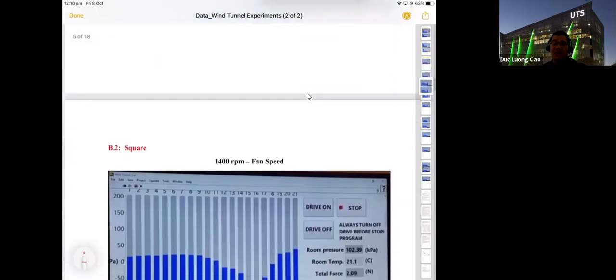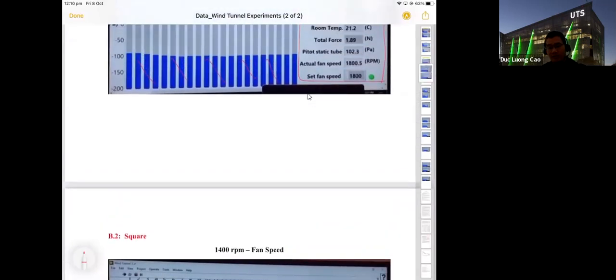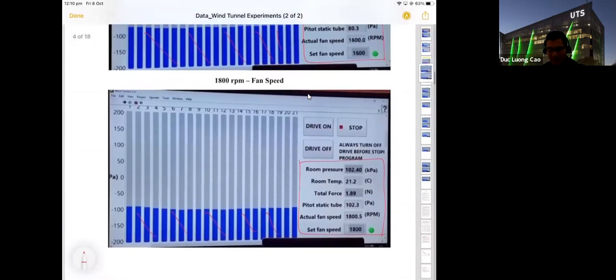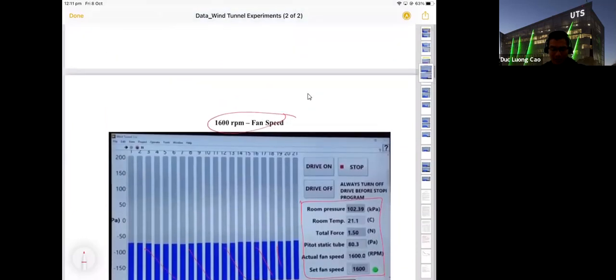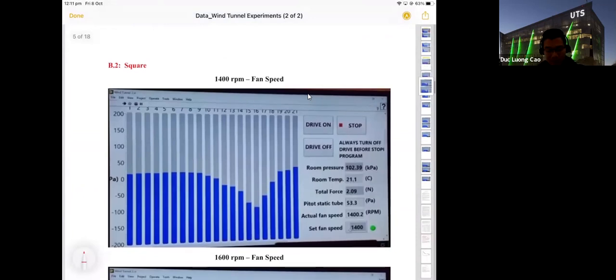Because the wind tunnel is old, and if it runs at too high a fan speed, it's unsafe. So that's why we only collected data at 14, 16, and 18 RPM for you, and you can use all of them.